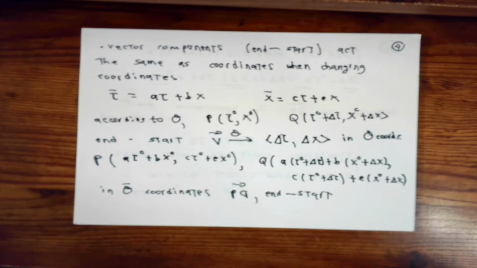If you form 2 points and make the vector that goes between them, and then form the components of the vector in the usual way, I want to look at how the components of the vector will transform.